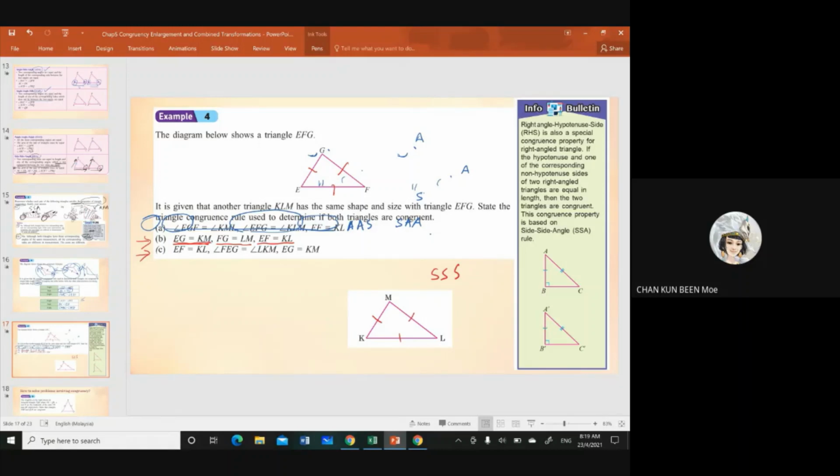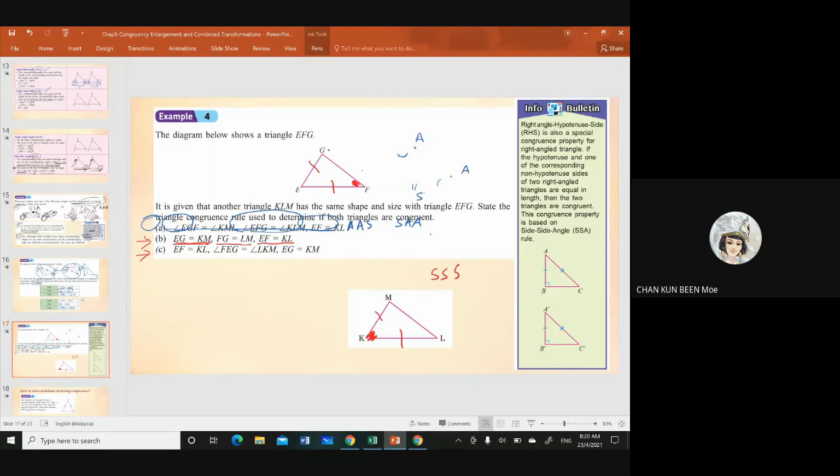Okay, C, the first one is F. I write off this one first. Okay, F, we have EF equal to KL. The next one, angle EFG, this one, equal to angle LKM, this one. And then EG equal to KM. So EG is this one, equal to KM.